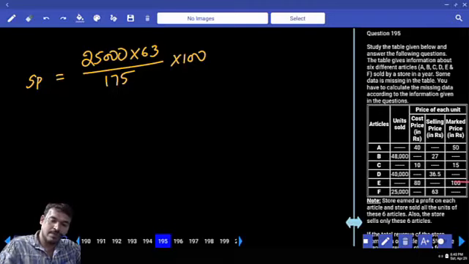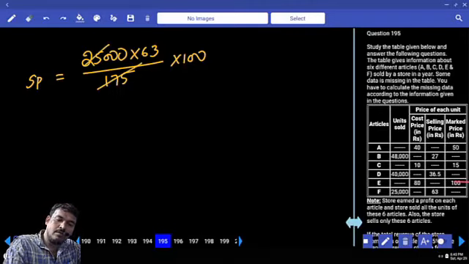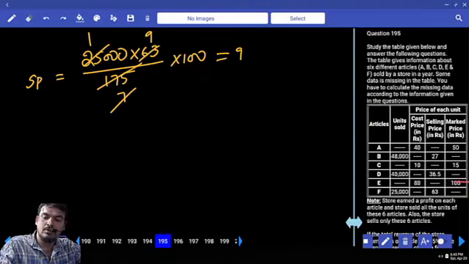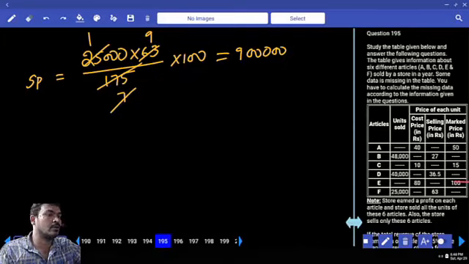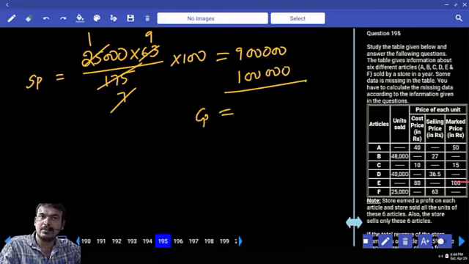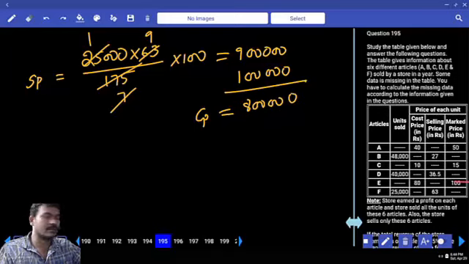All the units. First 25 1 time, 25 7 times. 7 how many times? 9 times, or 9 into 3 zeros, again 2 zeros. Total it is 9 lakhs. In this, profit is 1 lakh. Subtracting, the cost price is 8 lakhs.